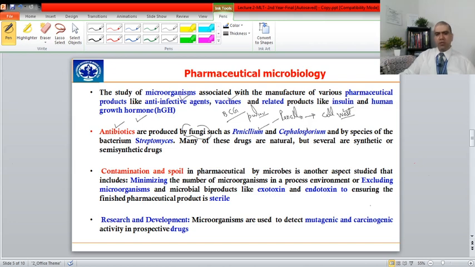We also have cephalosporins, and a genus of bacteria called Streptomyces. It comes from the actinomycetes, and many drugs have been isolated from Streptomyces. The first drug isolated from Streptomyces that was effective against tuberculosis was streptomycin.